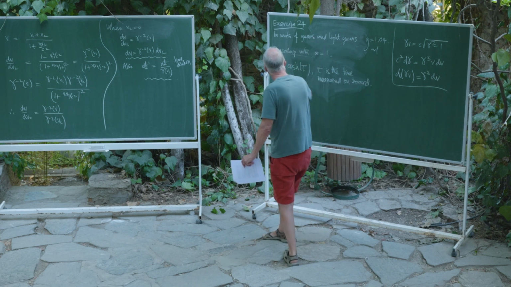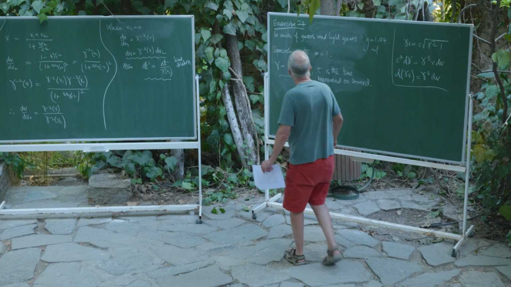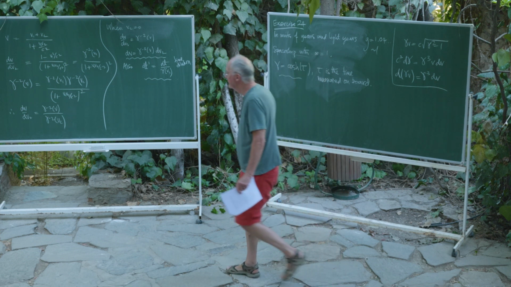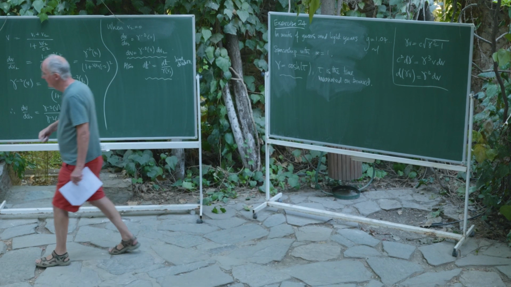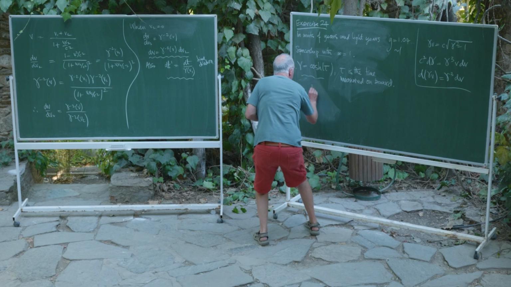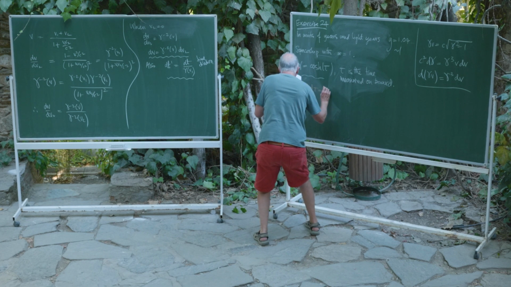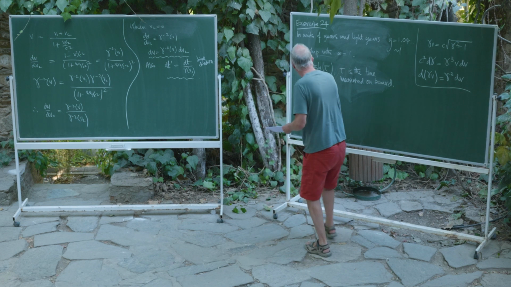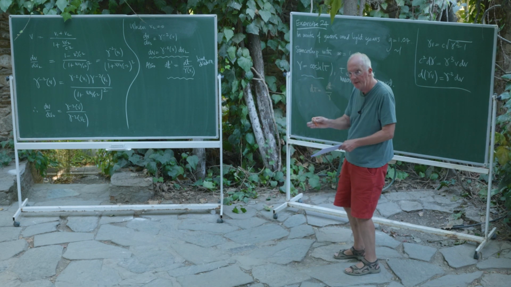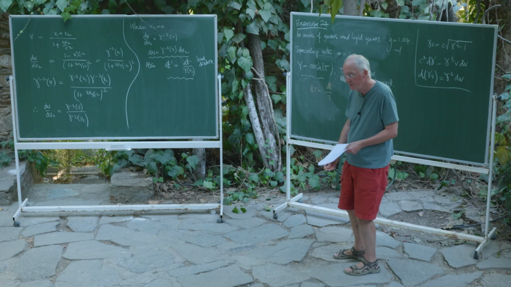So that's the first thing we have to do, show that gamma is the hyperbolic cosine of the spaceship time. Note that the time dilation gives us this. That's time dilation in the instantaneous frame of the spaceship.